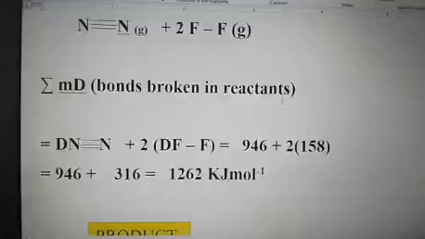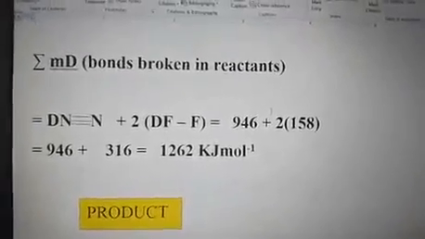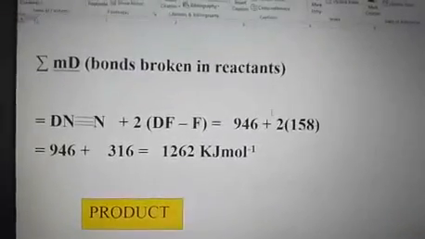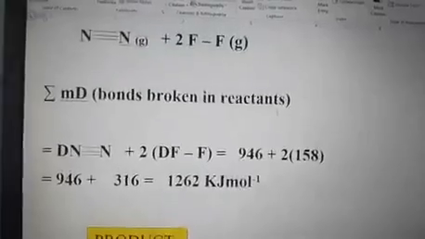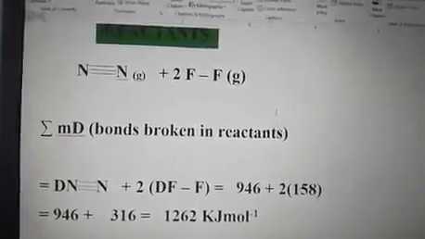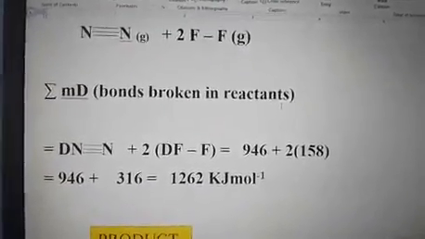So we see the bond energy of the nitrogen to nitrogen triple bond, plus 2 times the bond energy of the fluorine to fluorine single bond. Why do we multiply by 2? Because in the balanced equation there are 2 moles of fluorine molecule. So that's why the 2 is in that bracket, D of F to F.